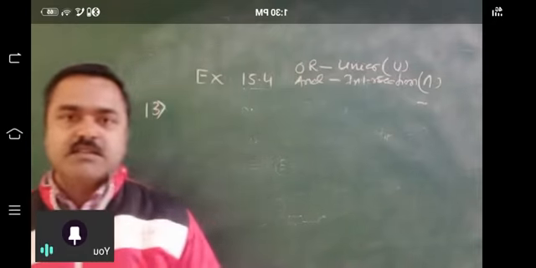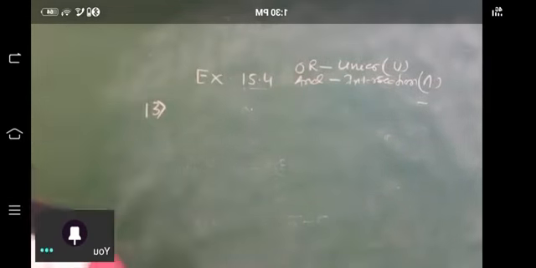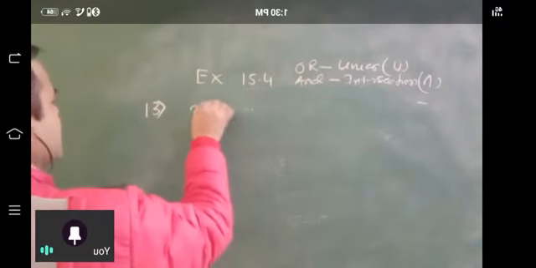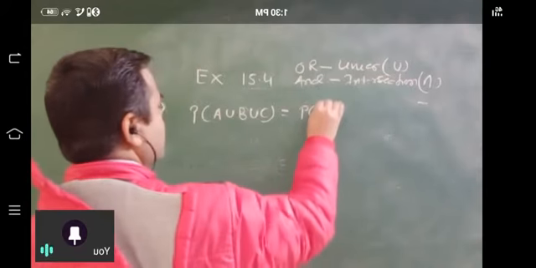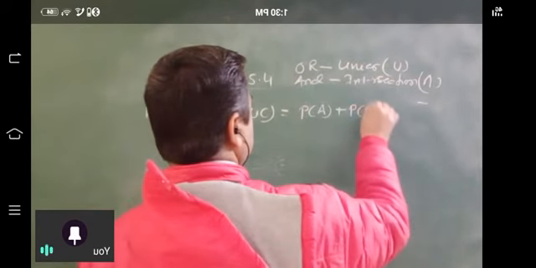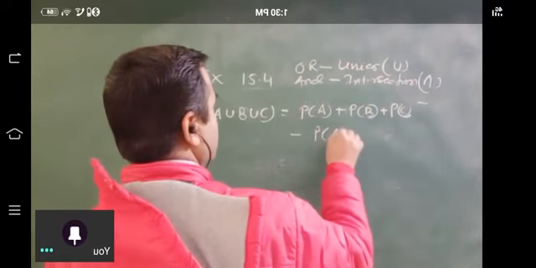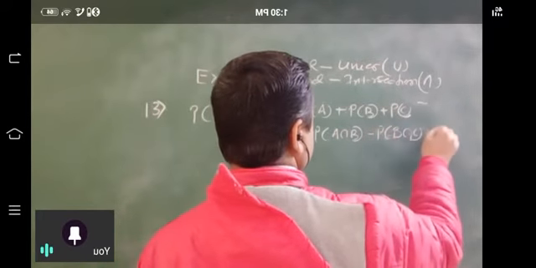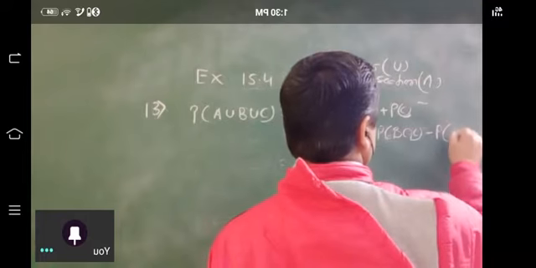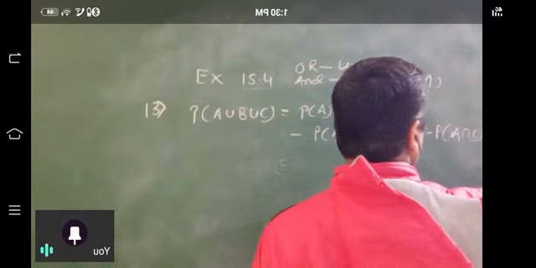If A, B, C are three mutually exclusive and exhaustive events associated with a random experiment, P of A union B union C equals PA plus PB plus PC minus PA intersection B minus PB intersection C minus PA intersection C plus P of A intersection B intersection C.